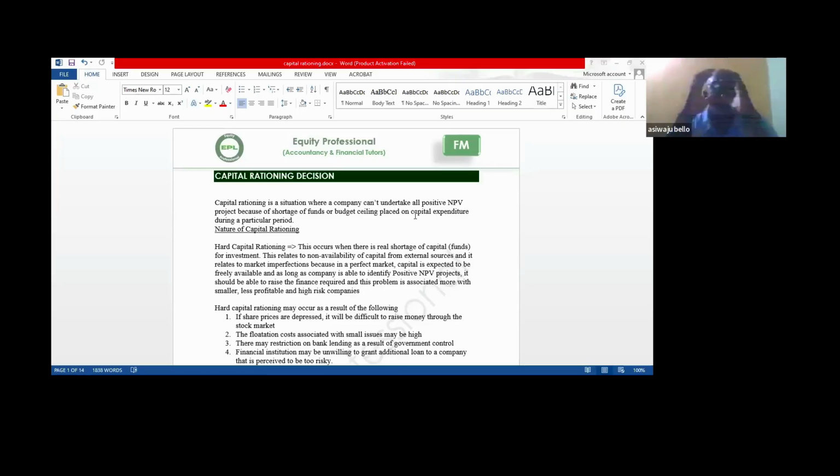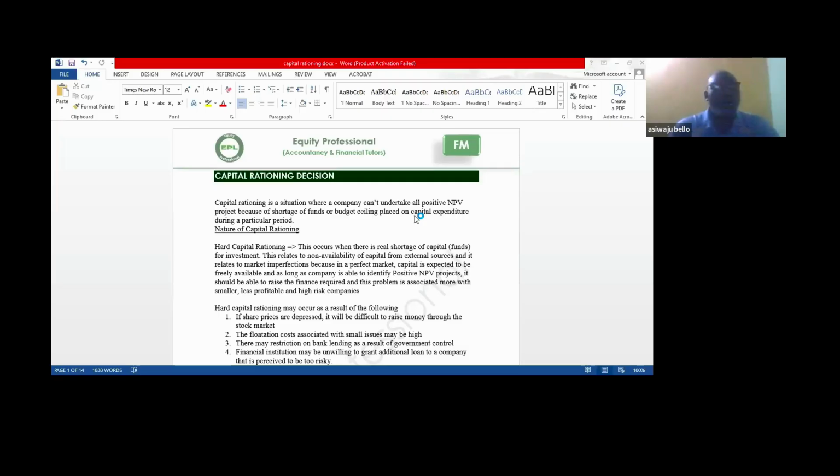In summary, capital rationing is a situation where there is no sufficient finance to be able to undertake a positive net present value project.